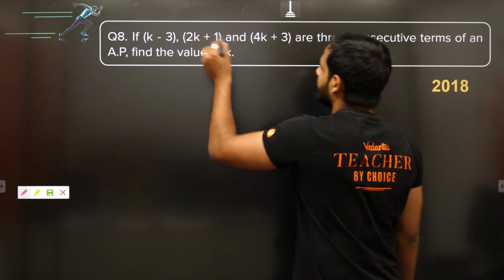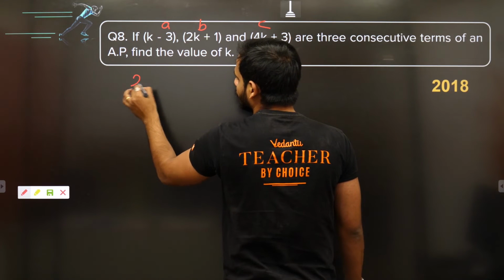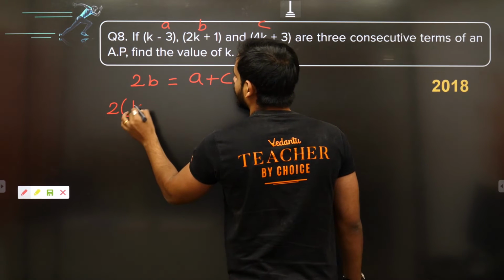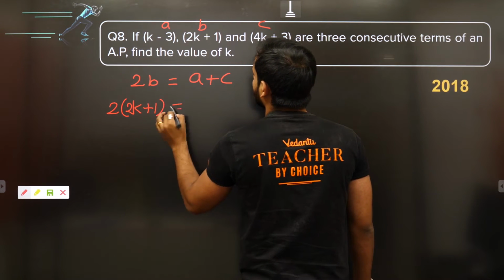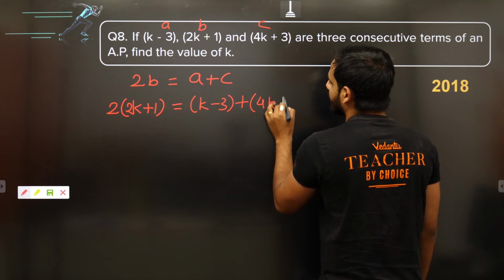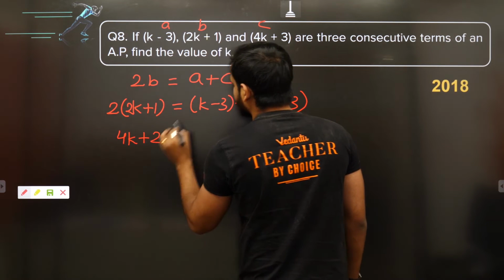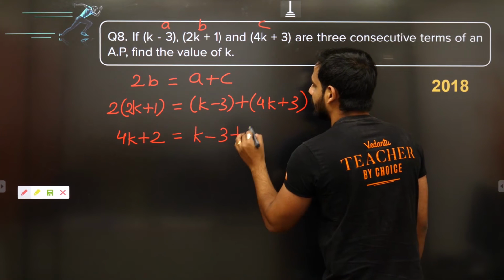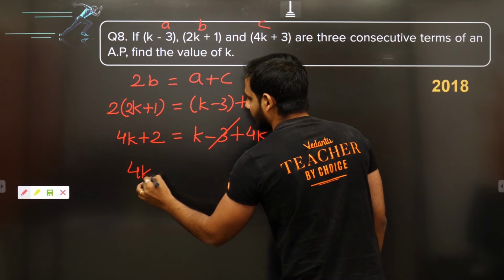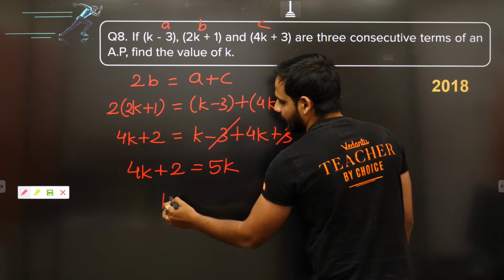Let us say these 3 terms are A, B, C. If they are in AP, 2 times B is equal to A plus C. So 2 times 2k plus 1 is equal to k minus 3 plus 4k plus 3. So you'll be getting 4k plus 2 is equal to k minus 3 plus 4k plus 3, which leaves 4k plus 2 is equal to 5k. Shift it there, and you'll be getting k is equal to 2.